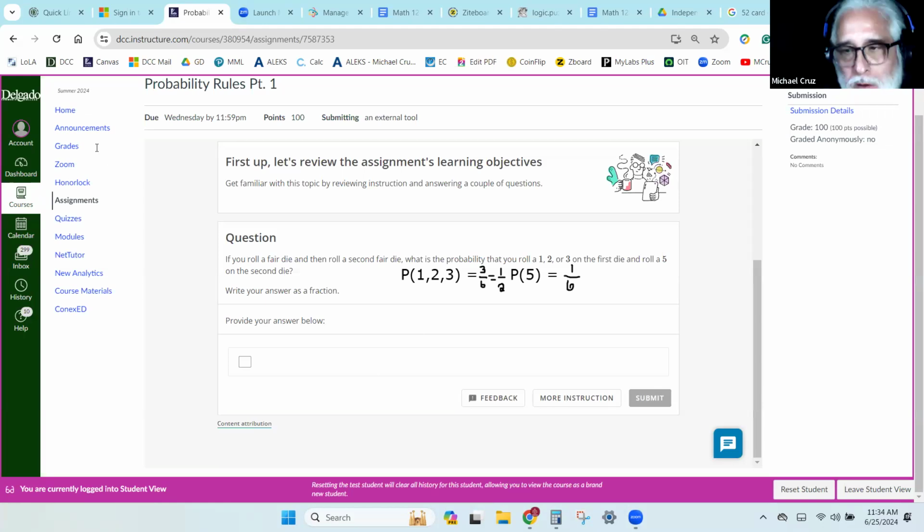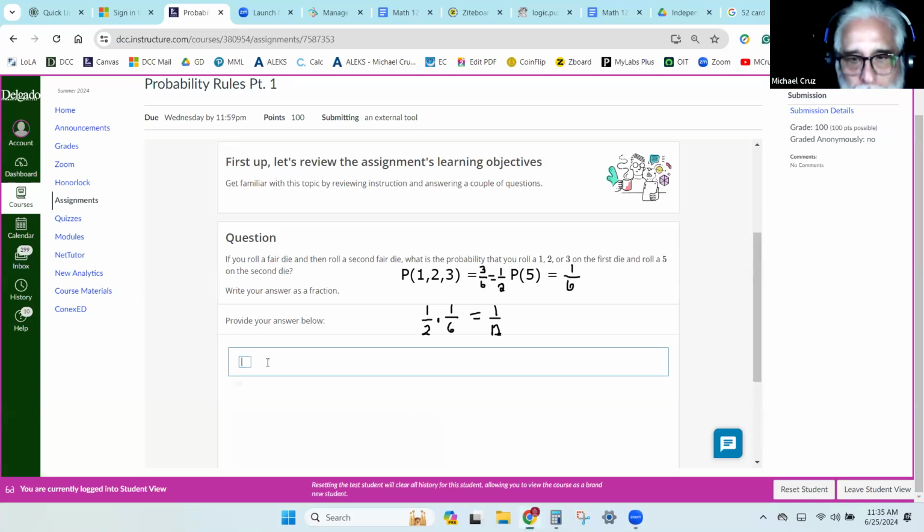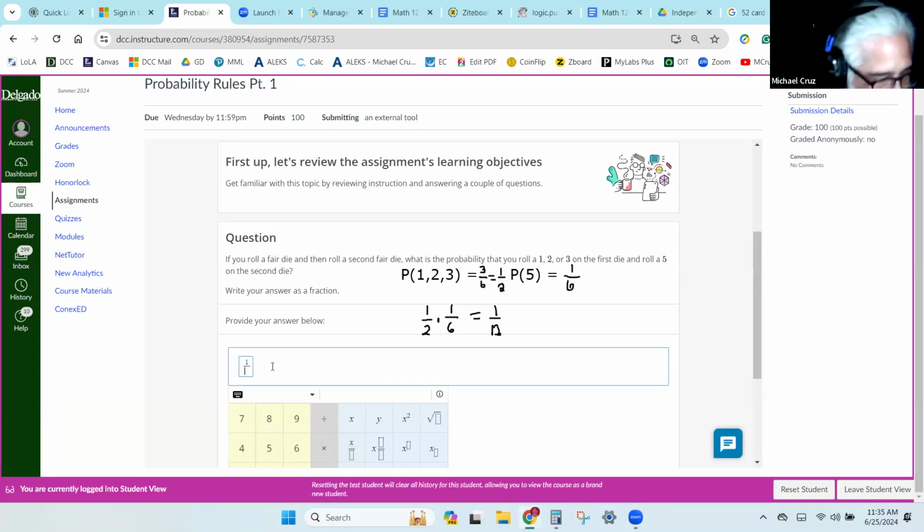That's going to be 1/2 times 1/6. These are independent events, so nothing strange on the second one. So this is 1/12. And they want it as a fraction.